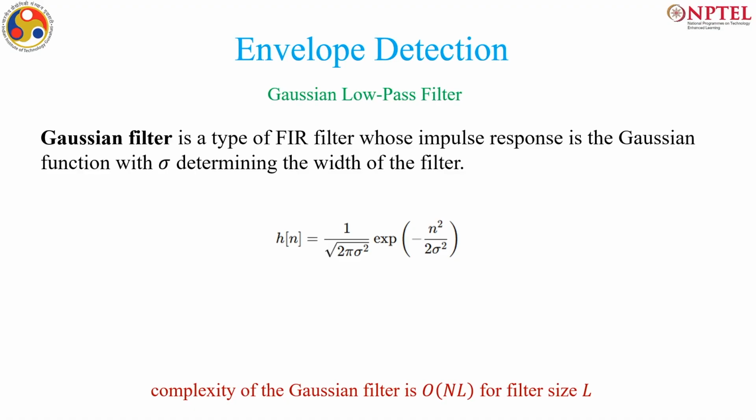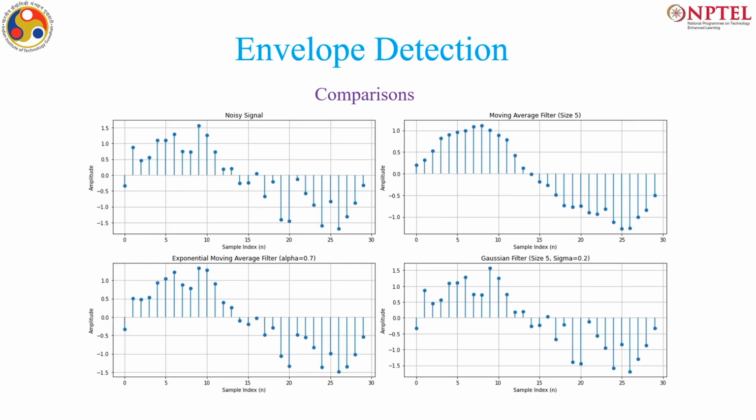But in Gaussian, as you know, the bell shaped curve has the highest weight at the central pixel, and as it goes away from the central pixel, the weight decreases. It gives the highest weight to the present input, and as I go away from the present input, the weights decay exponentially, like this bell curve. So, this is a typical Gaussian filter where you can take some value of sigma, and that will give you your specific h of n.